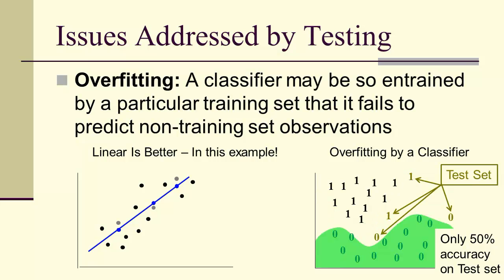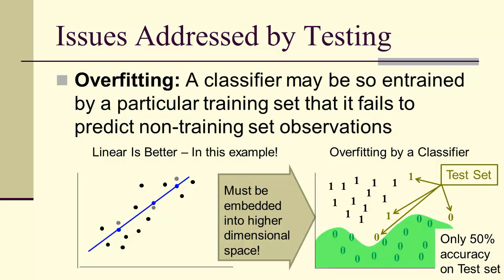Here's another example where we've overfit to the 0 class, and once again we have only 50% accuracy. Both of these are examples of overfitting, and it's revealed by the testing of the classifier. And just parenthetically, this is a separable problem, but we would have to embed this in a higher dimensional space to actually solve it, because it's not linearly separable.